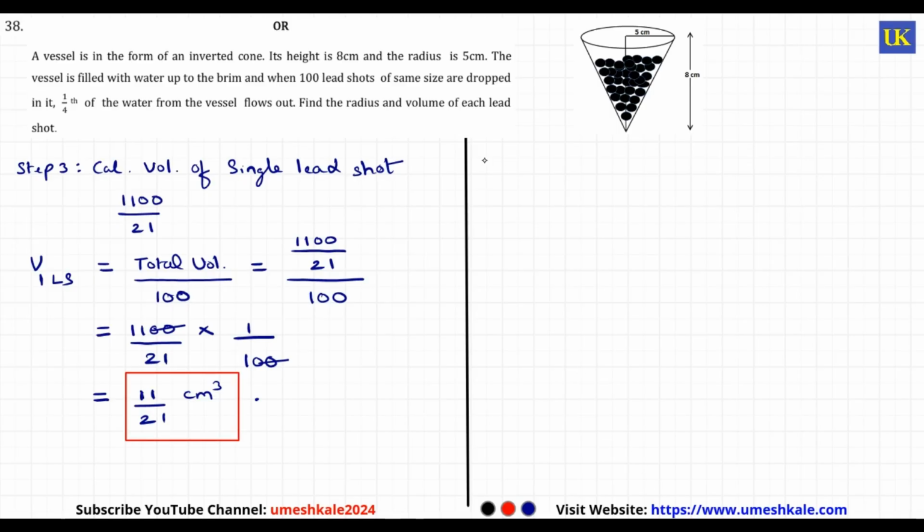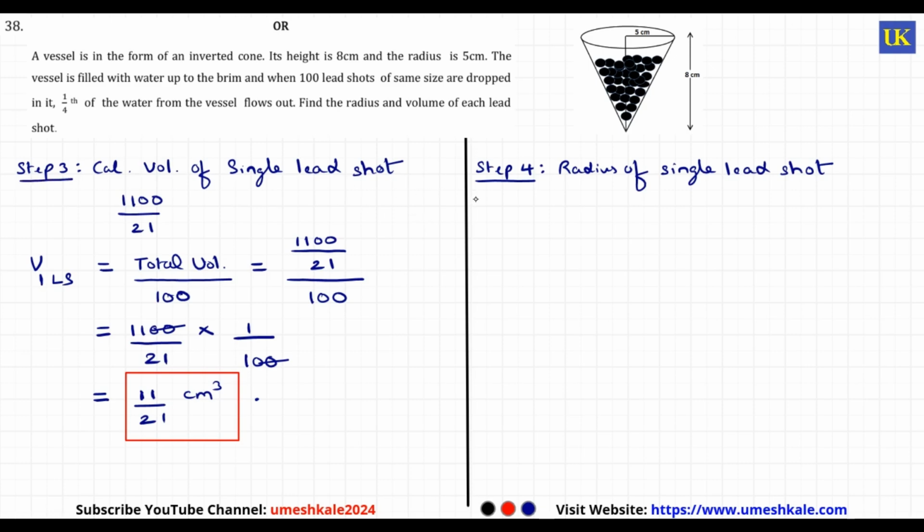So now we will go to our step 4, and in this step we need to find the radius of a single lead shot. Okay, so we need to find the radius of the small lead shot.